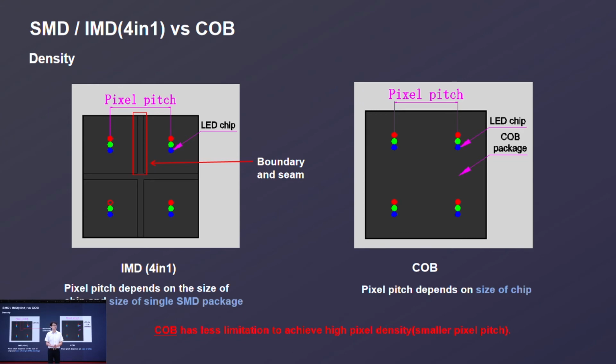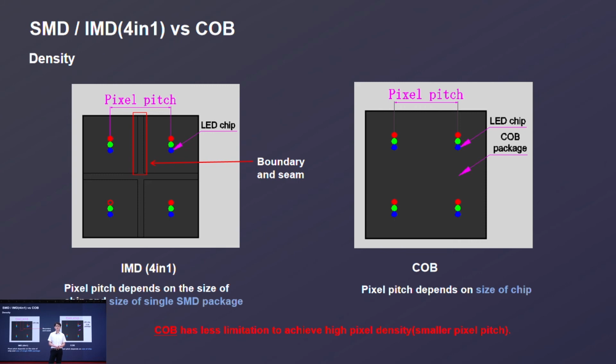Let's move to density. This is the main reason why LED manufacturers have to develop a new technology, because it is well known that there's a limitation for SMD technology to develop high density products, because the pixel pitch of SMD depends on the size of the chip and the size of a single SMD package.